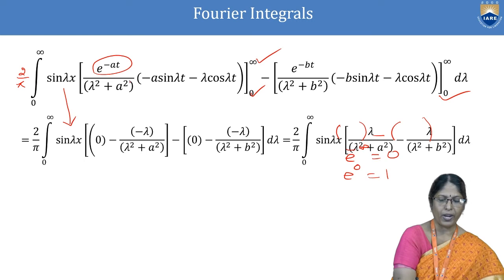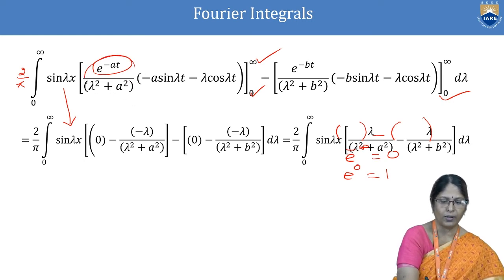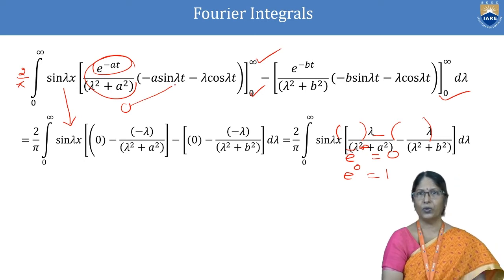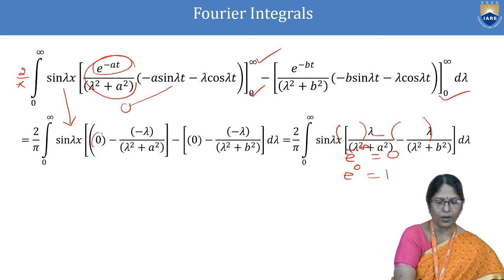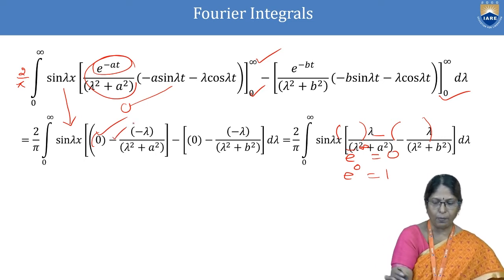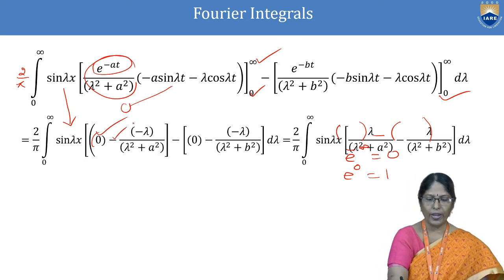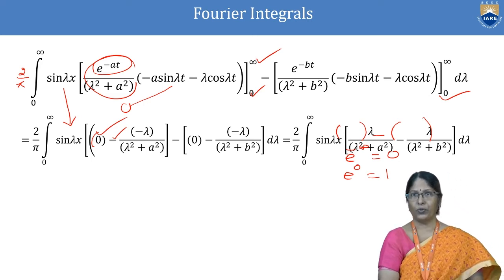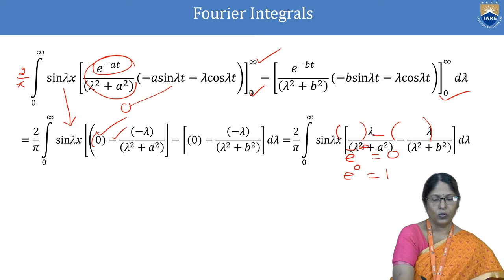So this part is becoming 0. 0 into anything is 0. The totally upper part has vanished. This is formula minus. The lower part, that is, the place where we have to substitute in the place of t. So e power 0 we are getting.